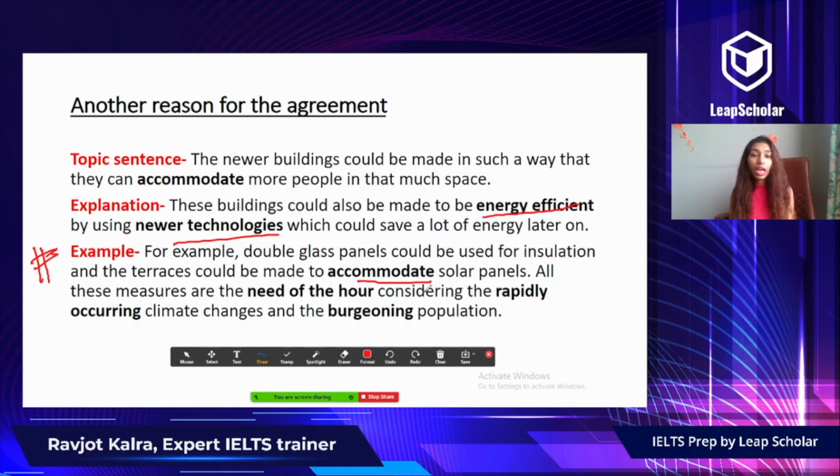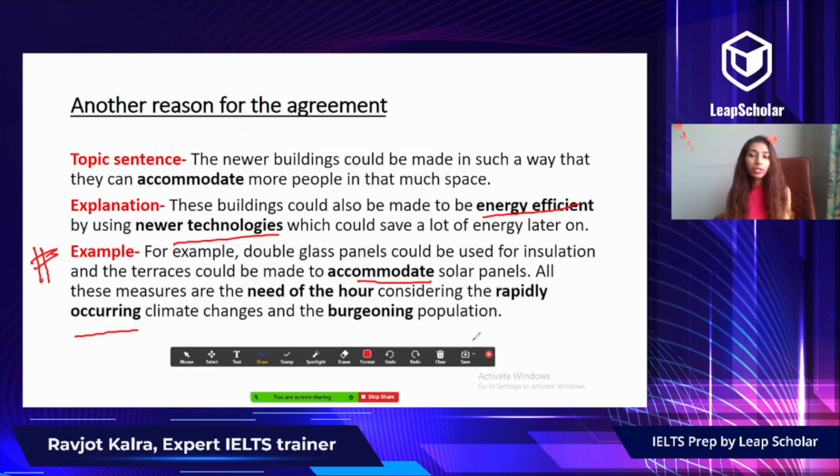All these measures are the need of the hour considering the rapidly occurring climate changes and burgeoning population. So again, these highlighted words are the vocabulary and the collocations, if you see. Writing collocations and writing complex sentences, both are really important to get a good score in writing.